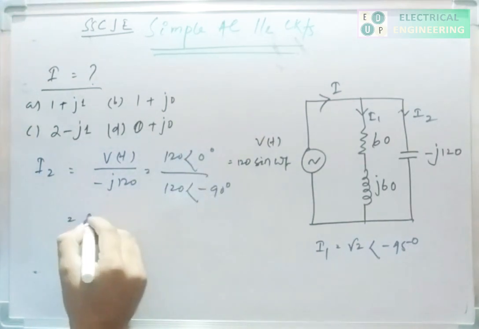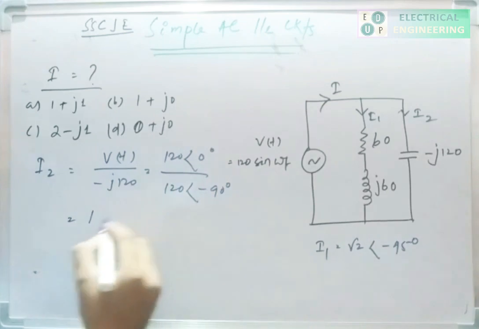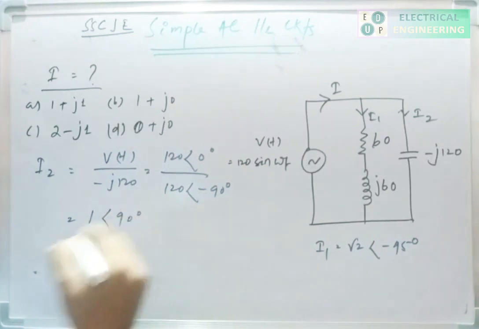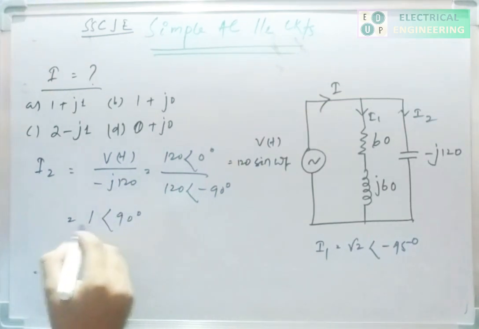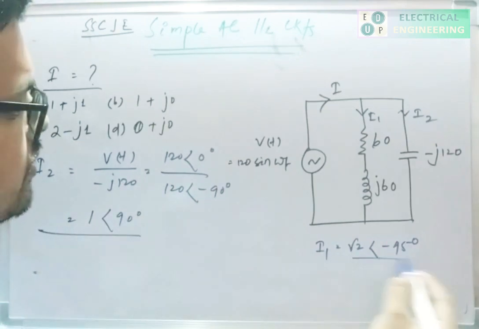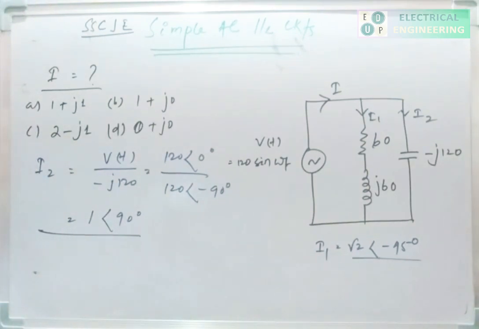So this is 1, and 0 minus minus 90 is plus 90 degree. So I2 is 1 angle 90 degree, and I1 is root 2 angle minus 45 degree.